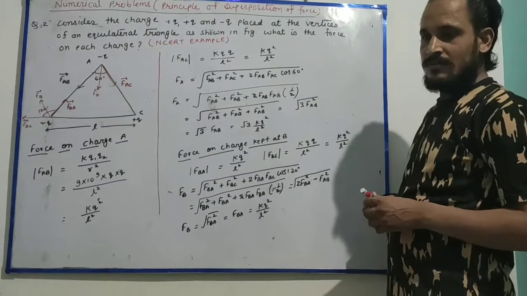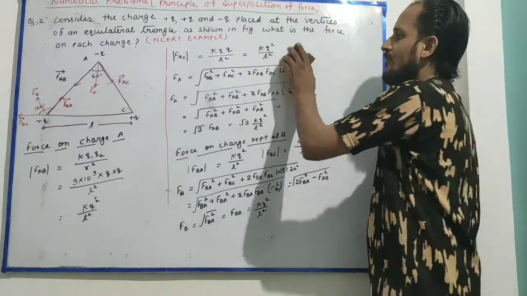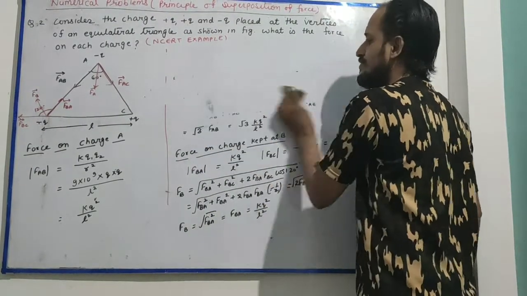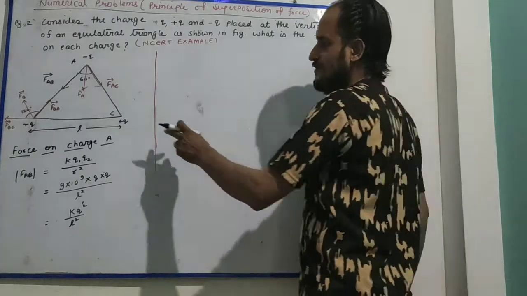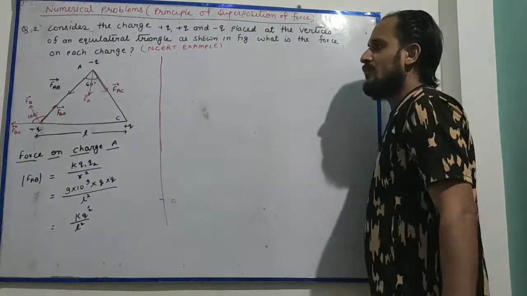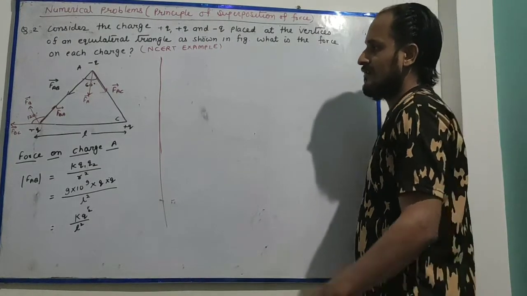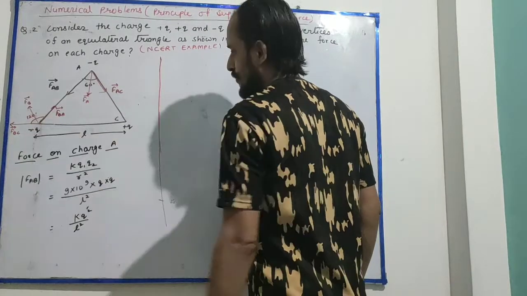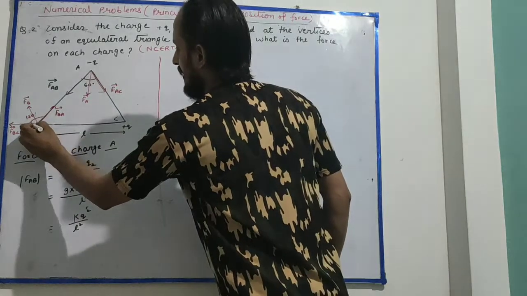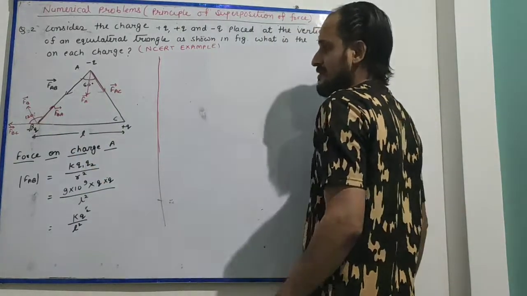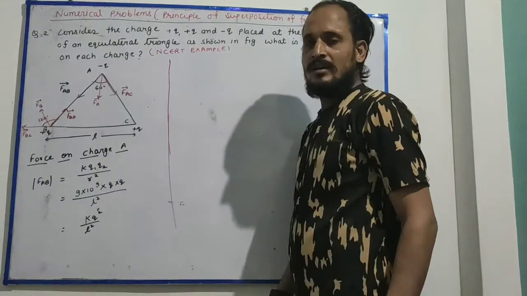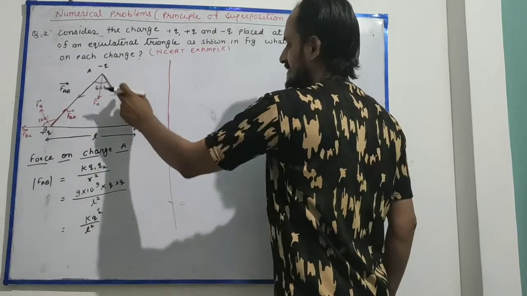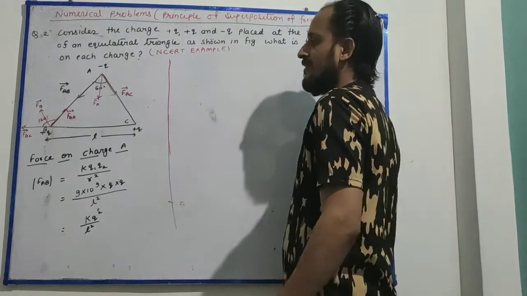Now we'll find the force on charge C. There are two forces acting on charge C, due to charge A and due to charge B. So what is the direction of force on charge C due to A? As we know, one is negative, the other one is positive.